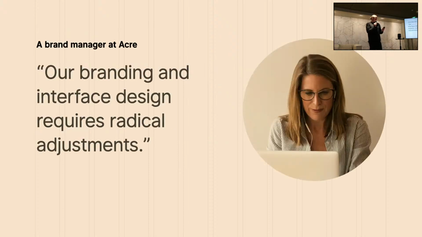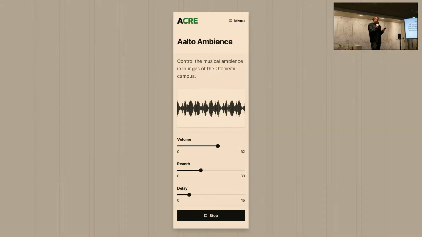Let's say that some ambitious brand manager would like to make an Aalto page, but they want it to look quite different from the standard style. So they would start making something more radical.